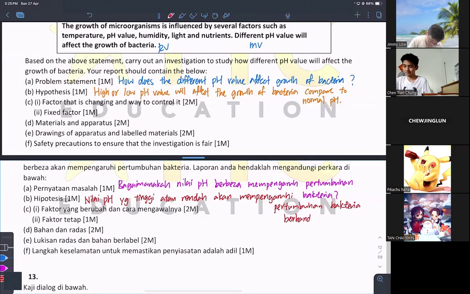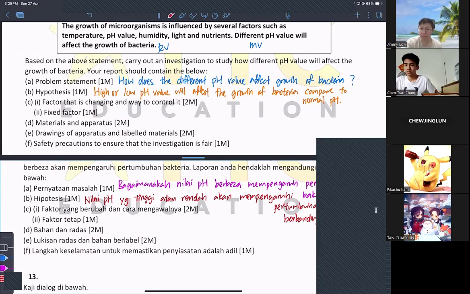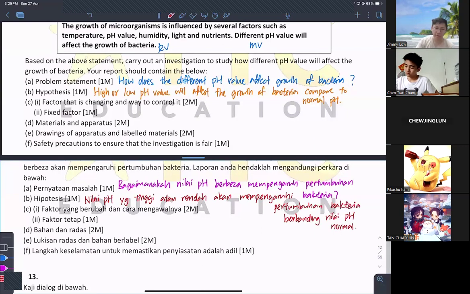Berbanding nilai pH biasa. Normal also can. Yes, the higher or lower pH value will affect the growth of bacteria compared to the normal pH value. This is exactly what I'm trying to bring up. You already got what I mentioned. So this is how you deal with the hypothesis.